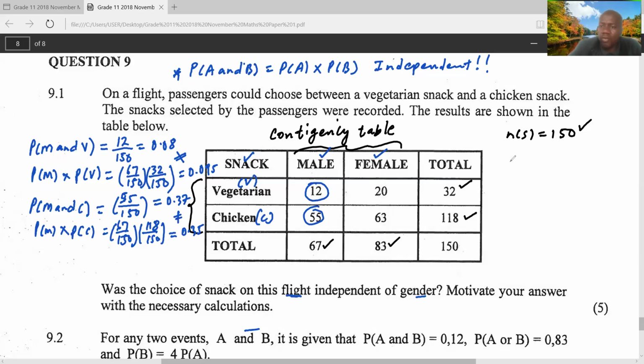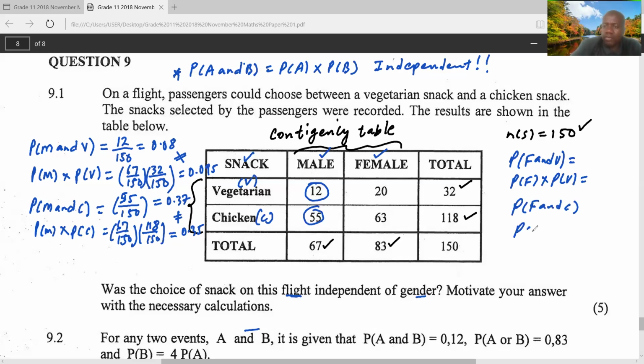Now we compare female and vegetarian in the same way: female and vegetarian, then female alone times vegetarian alone. After this, we compare female and chicken.